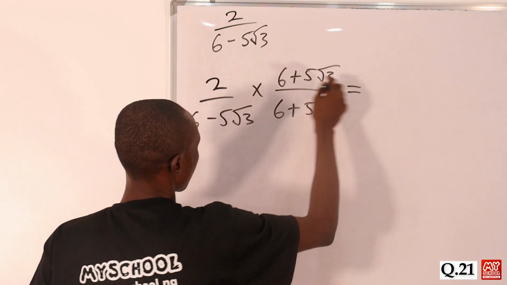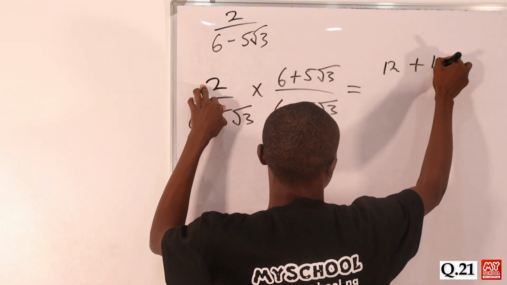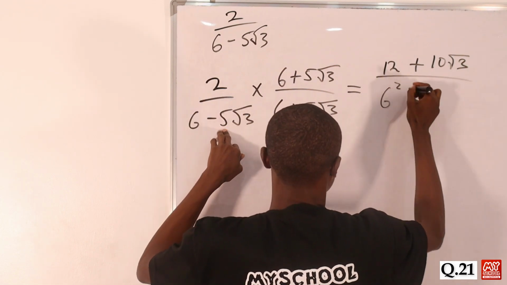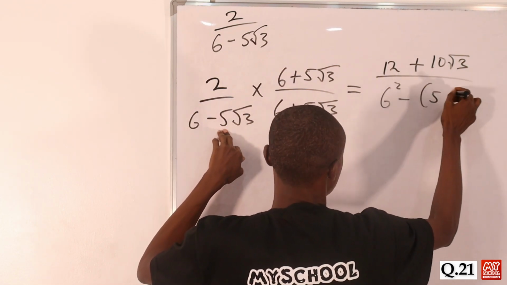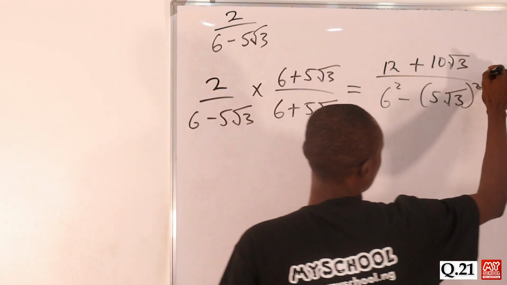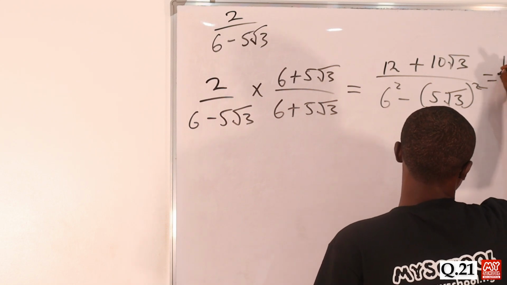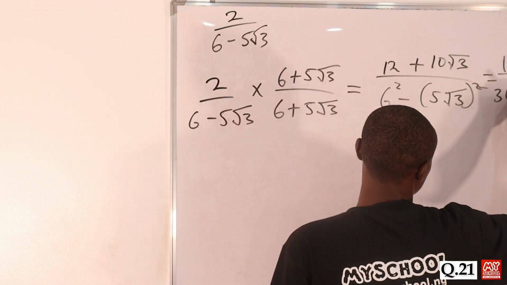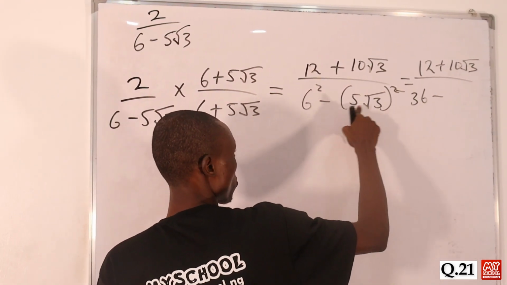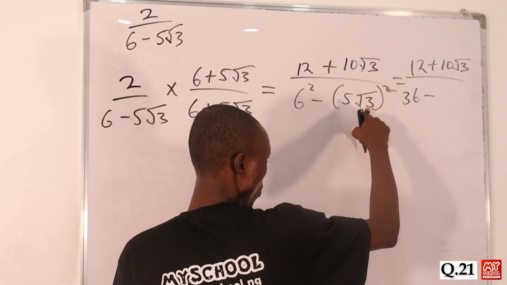Okay, so if we multiply out, here we'll be having 12, then plus 10 root 3. And this will be over 6 squared minus, in bracket, 5 root 3 squared. So at the end of the day we'll have 12 plus 10 root 3 divided by 36 minus, of course this square is affecting everything inside the bracket, so 5 squared will be equals to 25, and root 3 squared will be equals to 3.